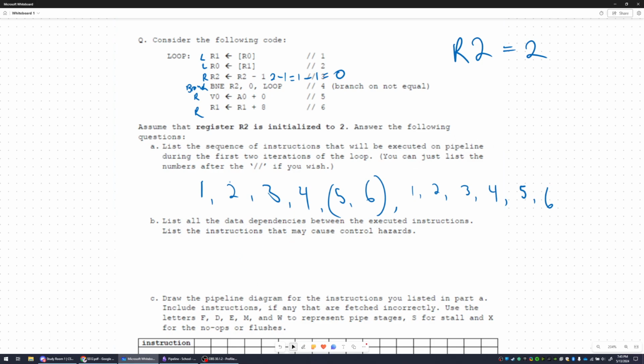So for data dependencies, part B, you just look at where the links are. What I do is, in the source of the previous instruction, the register, and then the destination line.